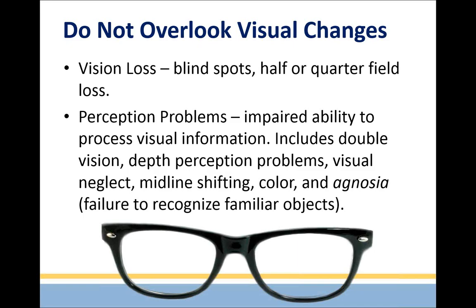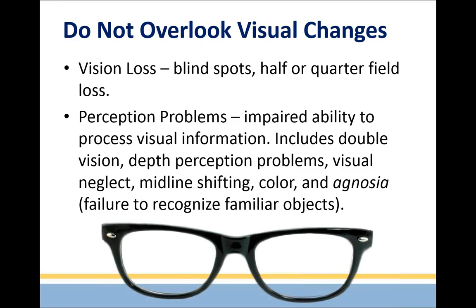Right, it's a good thing to ask, and especially if the stroke is a couple months out, so that you would expect that they had recovered as much as they're going to. If they still have especially perception problems, by seeing a neuro-ophthalmologist, there are strategies in place that can help with these perceptual problems that don't actually correct what's going on within the person's neural circuitry, if you will.